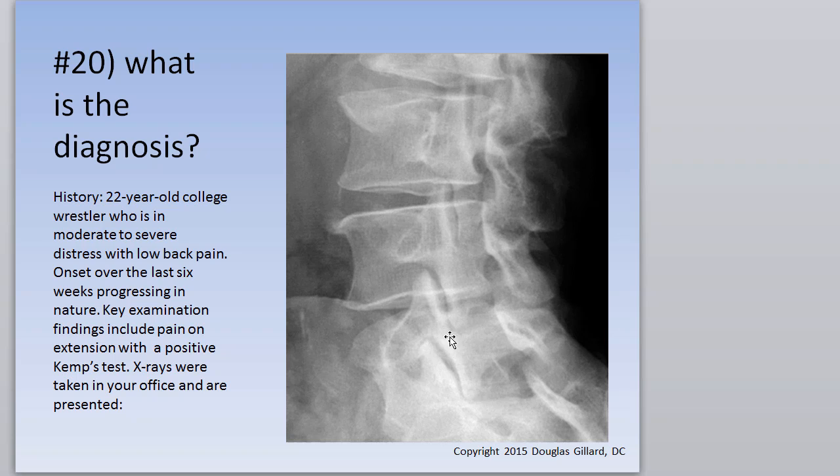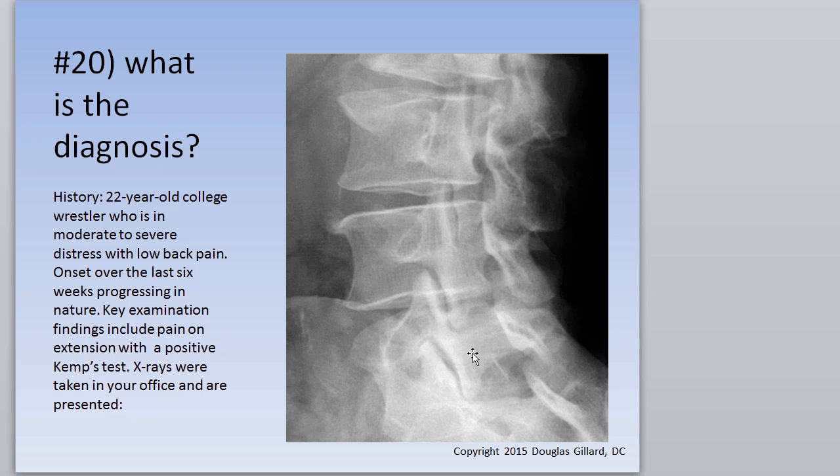Okay, what would you call that? There's definitely some sclerosis there. Compared to this, L4, the Scotty dog in oblique view, look at how fat that pars is. Look at how narrow this is. So that's a hypoplastic pars interarticularis. And there might be a stress fracture in there that we just can't see right now.